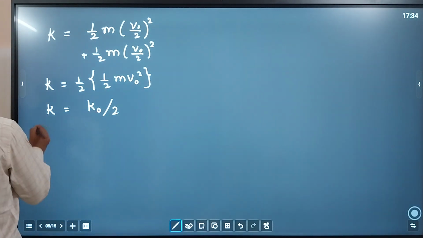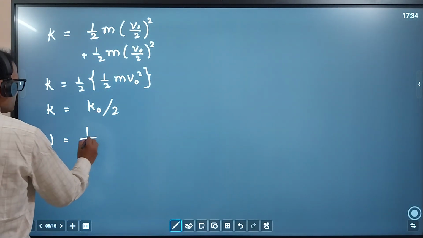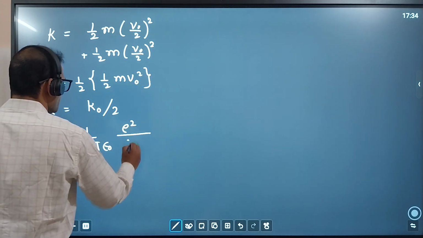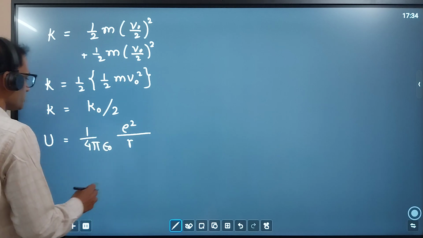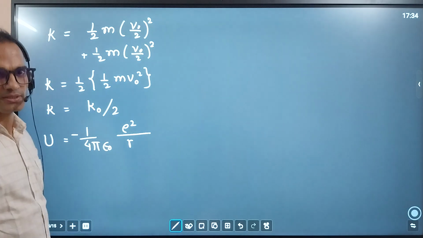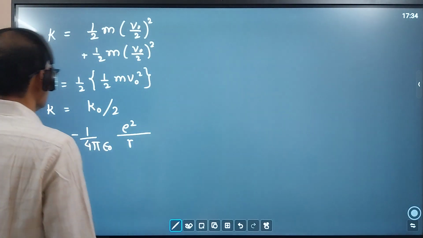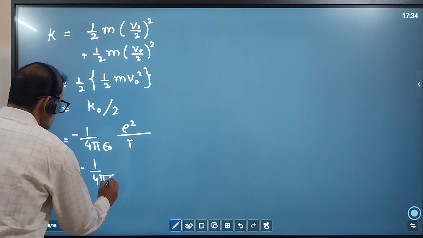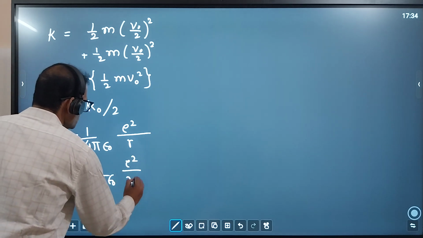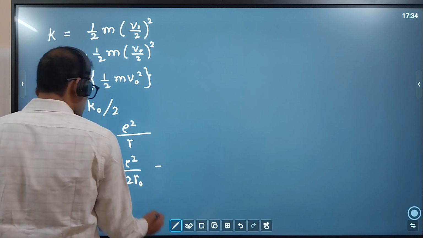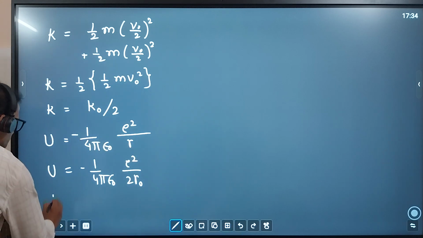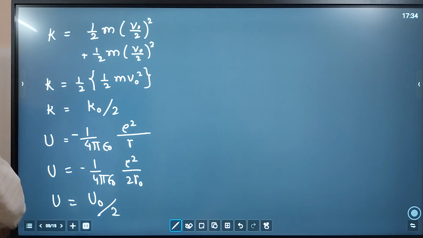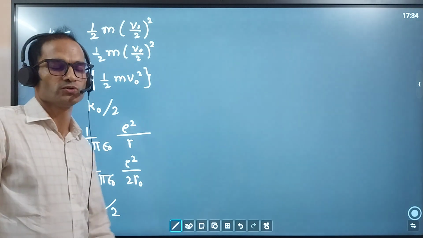What about u value? Let us see. 1 by 4 pi epsilon naught e square by 2r, but don't forget a minus sign. Now this r is two r naught. So what you can see is that if r is doubled, u will be half of u naught.